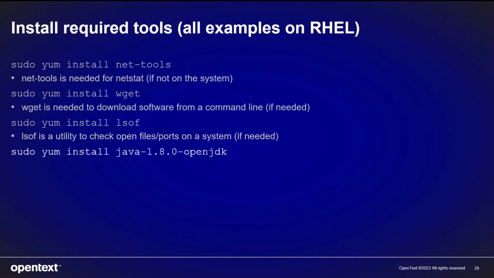It's also noteworthy to say that we require Java 1.8. For this version of CMS, UCMDB, Universal Discovery, we're currently supporting Solr version 8.11.2, and that does require Java 1.8.